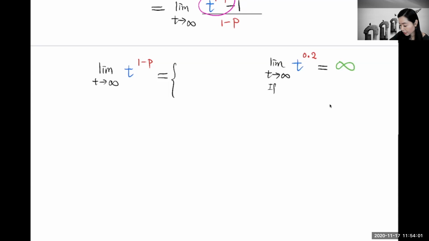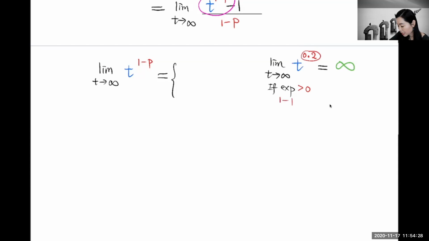If this exponent over here is greater than 0, when t goes to infinity, then t to this power will go to positive infinity. So it depends on this exponent 1 minus p over here.